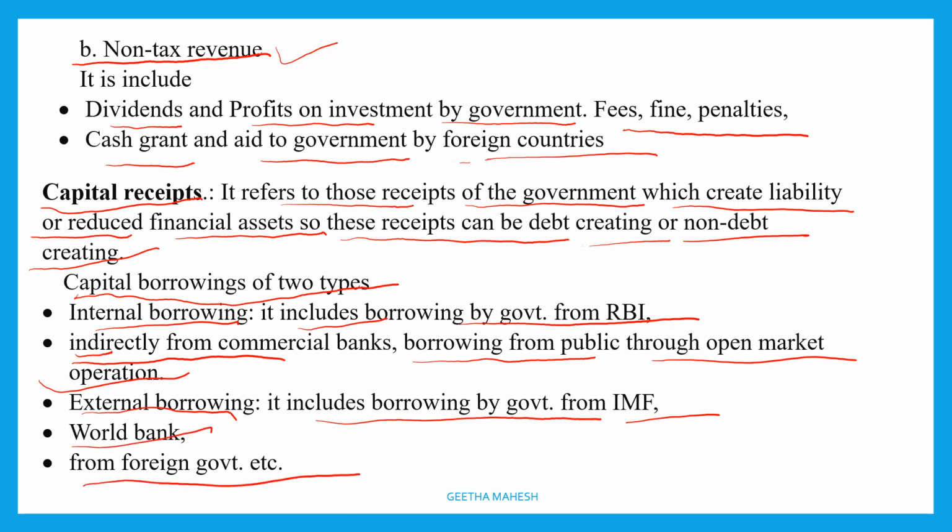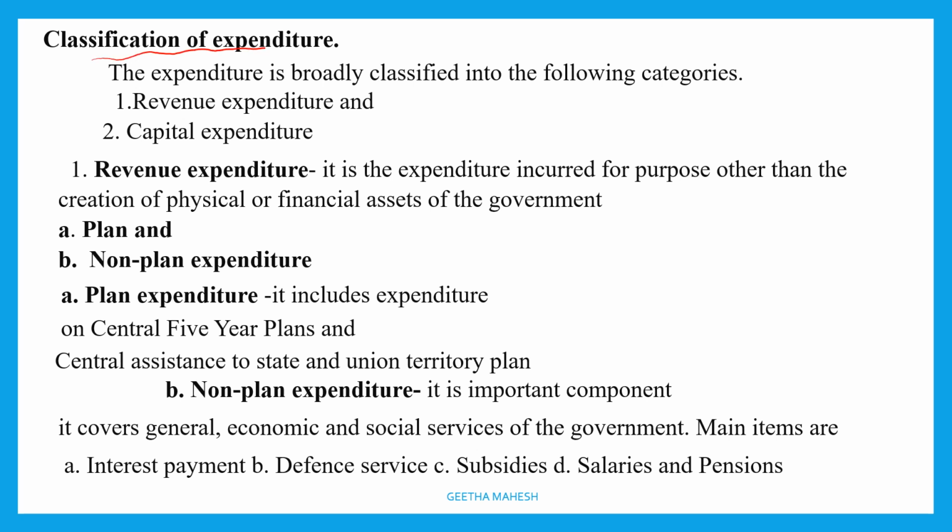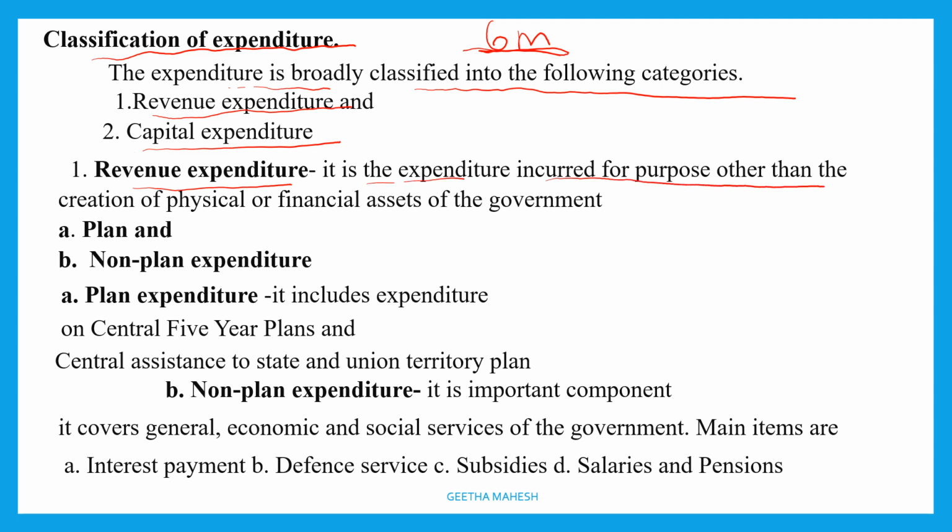Now let us discuss classification of expenditure, which is important for 6 marks and an expected question. Expenditure is broadly classified into two categories, revenue expenditure and capital expenditure. What do you mean by revenue expenditure? It is an expenditure incurred for the purpose other than the creation of physical or financial assets of the government.